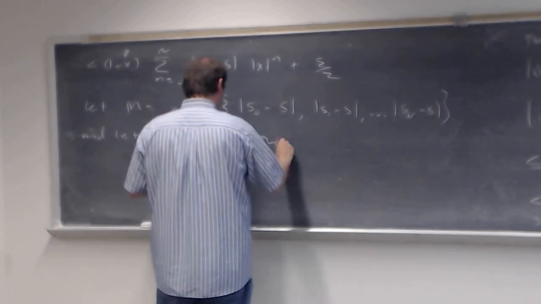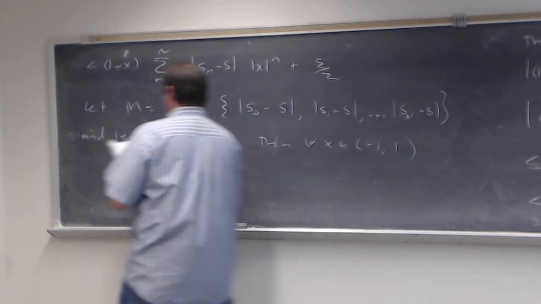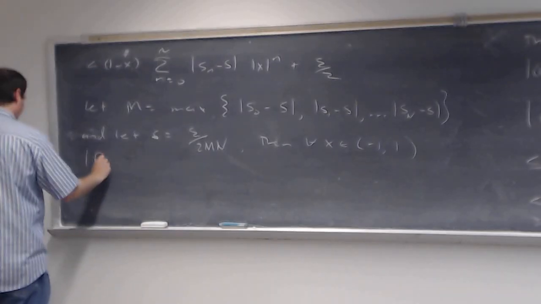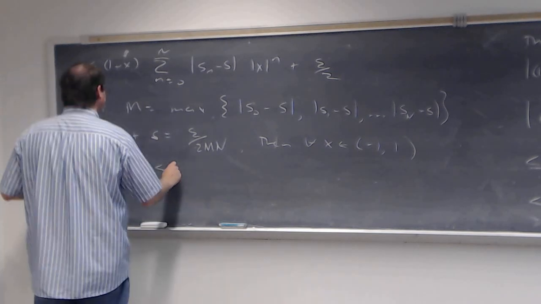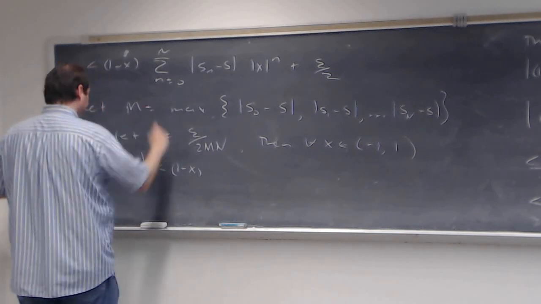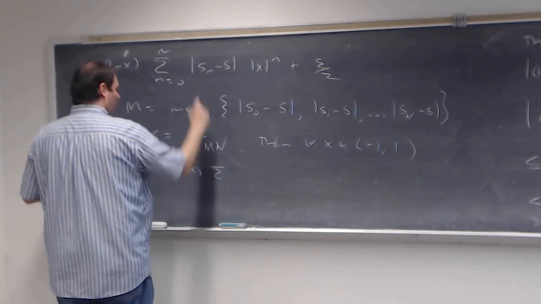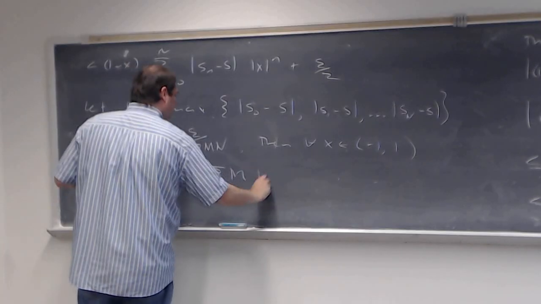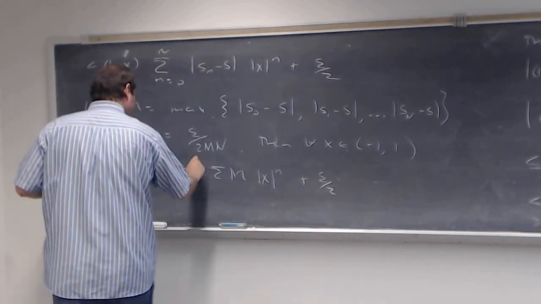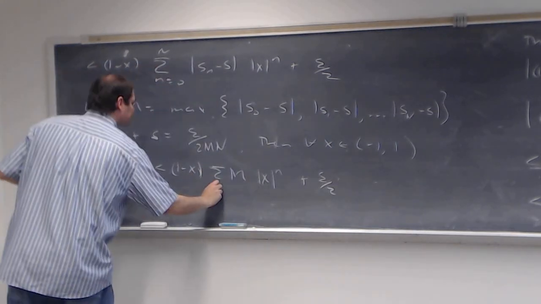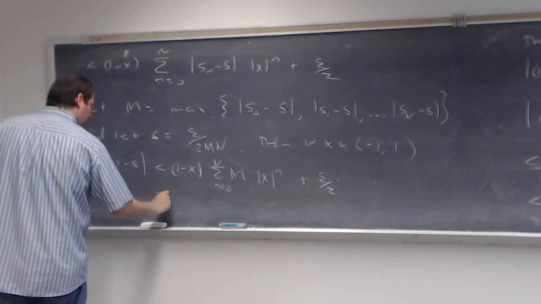Then, for all x in the interval from minus 1 to 1, we have that the absolute value of f of x minus s is less than 1 minus x, times the sum. Here I'm going to replace this guy with M, absolute value of x raised to the n, plus epsilon over 2, and this n runs from 0 to big N.